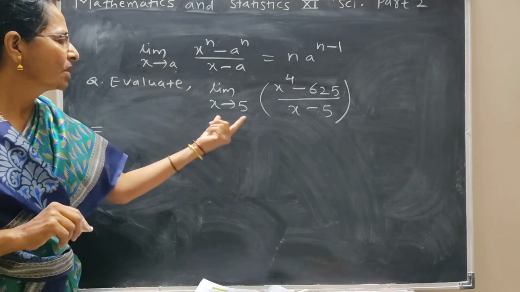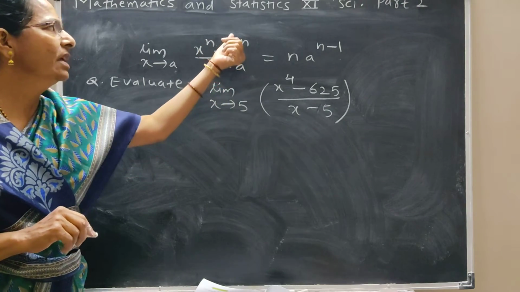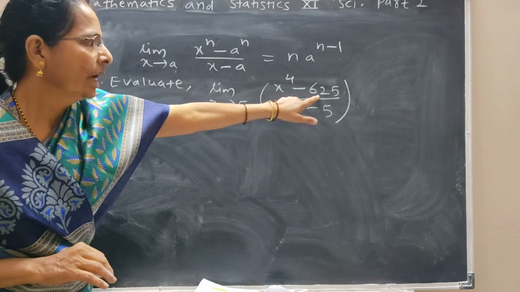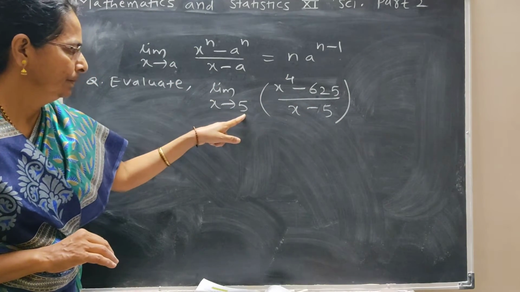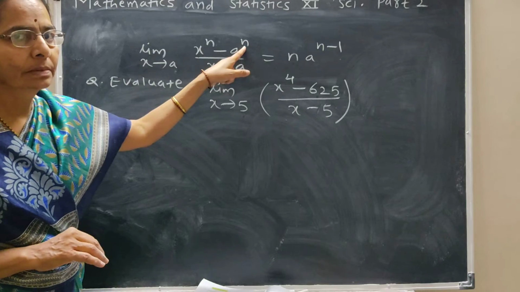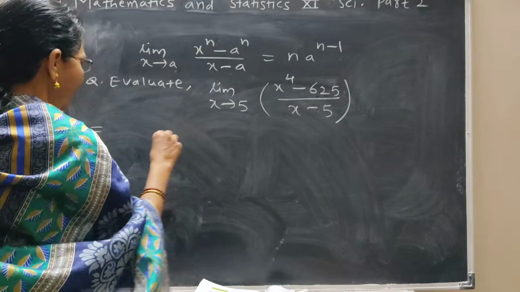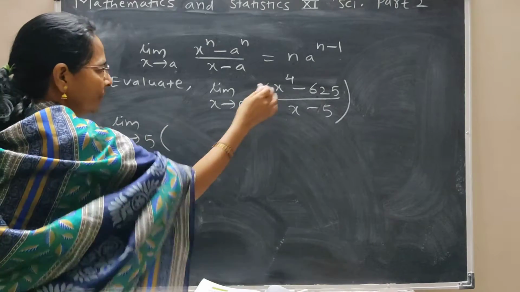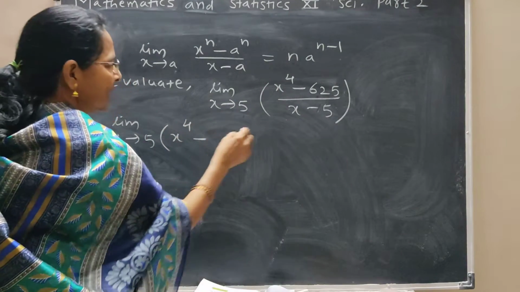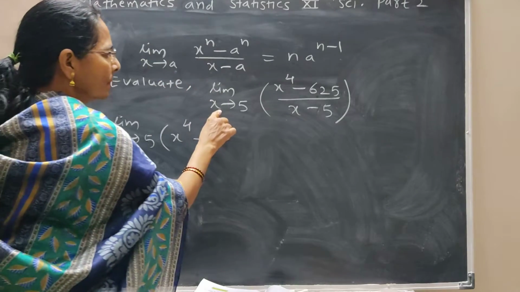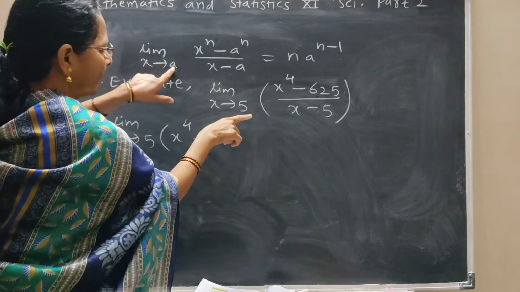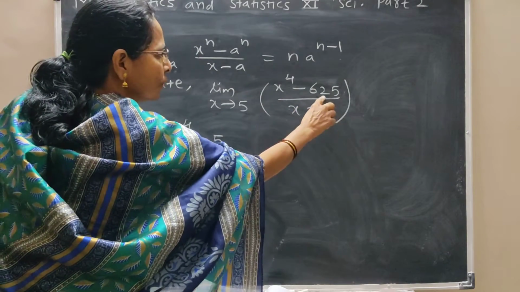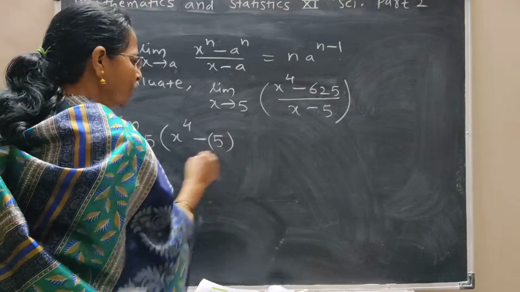We know the form: limit as x tends to a of (x raised to n minus a raised to n) upon (x minus a). Here we have a as 5. Now write this as limit as x tends to 5, x raised to 4 minus, and 625 we write in the form 5 raised to 4.